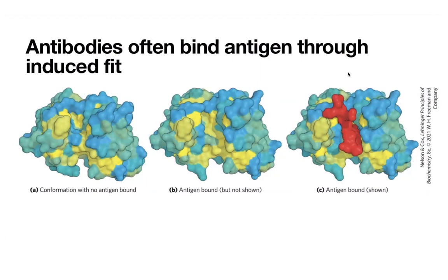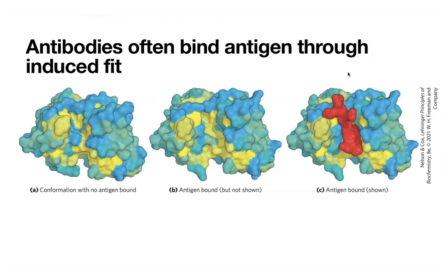So let's look at the structure of part of an antibody bound to an HIV fragment antigen. This is that Fab fragment I was talking about, basically the tip of the Y, the part that actually binds to the antigen. Here we're showing this Fab fragment colored by hydrophobicity.